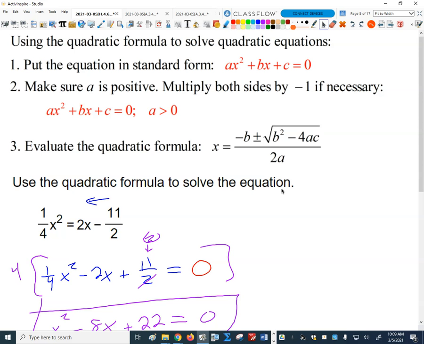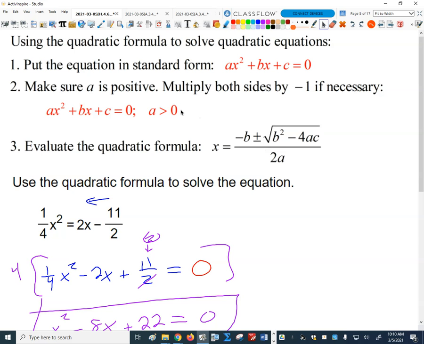All right, so here's where we left off: applying the quadratic formula. We derived the quadratic formula by completing the square on the general expression of a quadratic equation in standard form. We solved for x and came up with the quadratic formula result.